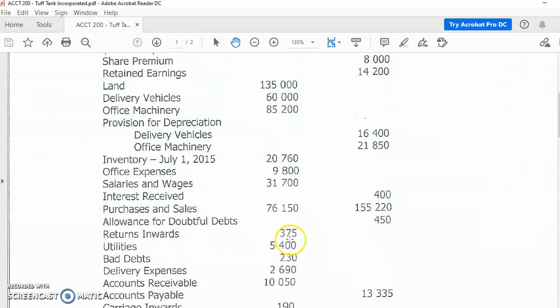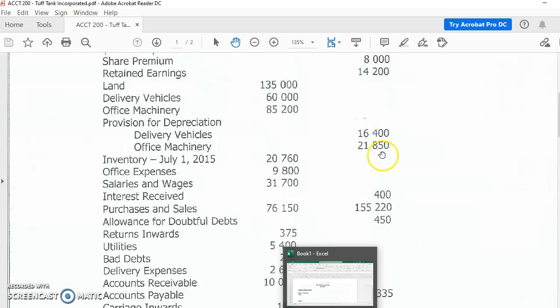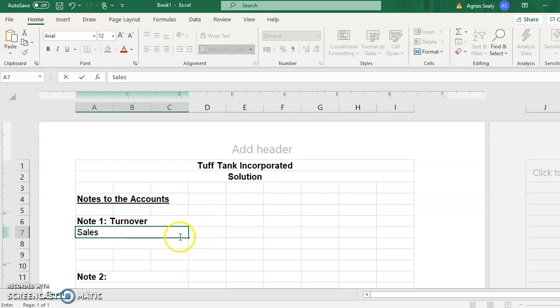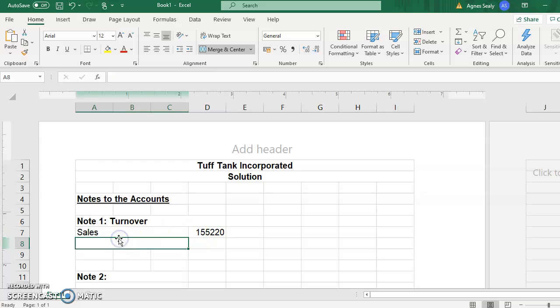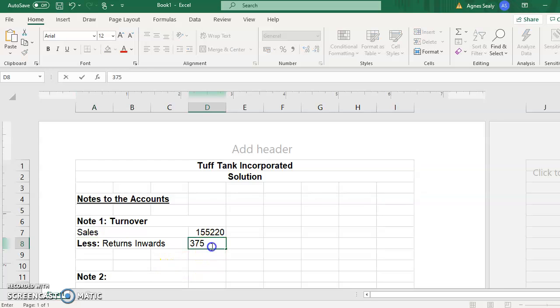So we have returns inwards of $375, and that will be subtracted from my $155,220 to give me my turnover. So let's go back to the spreadsheet and enter those figures. So sales, $155,220, less returns inwards, and that was $375.